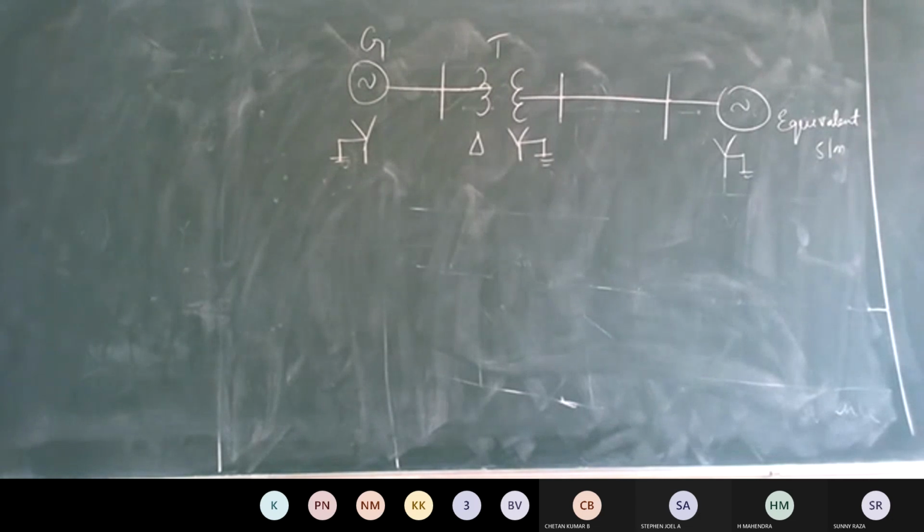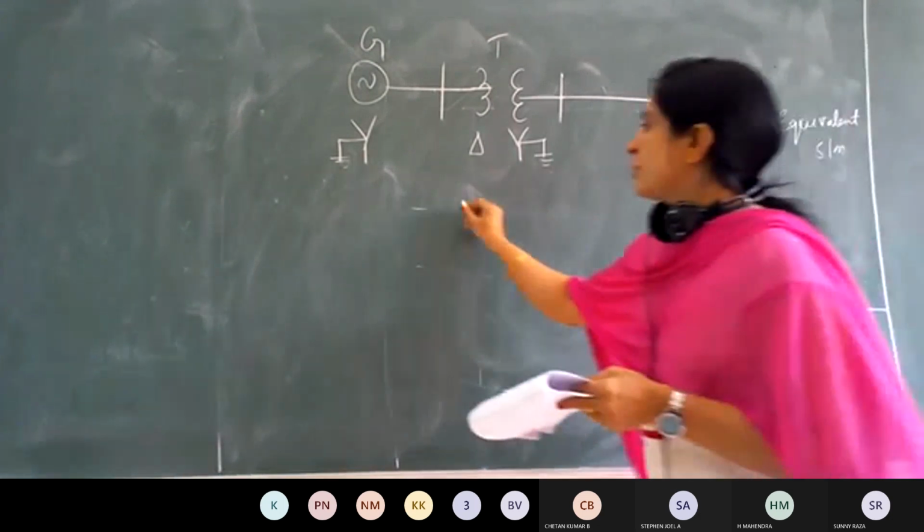Okay, continue the question there. Write down the next para. The parameters on 250 MVA base are as follows.